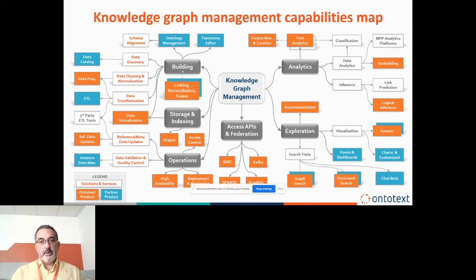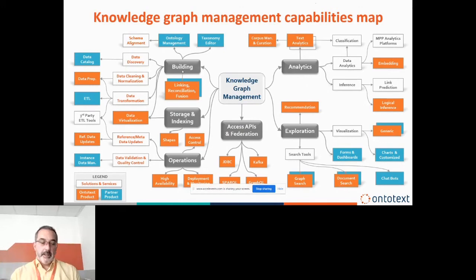There is a lot of middleware work to be done for access, APIs, federation, and interoperability across different applications and systems. And at the end, usually you're doing all these things to end up with better knowledge exploration or knowledge management capabilities, or with better analytics, one way or another, all the way from text analysis to logical inference and many other things.